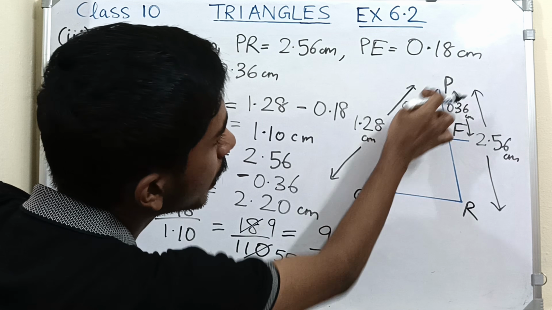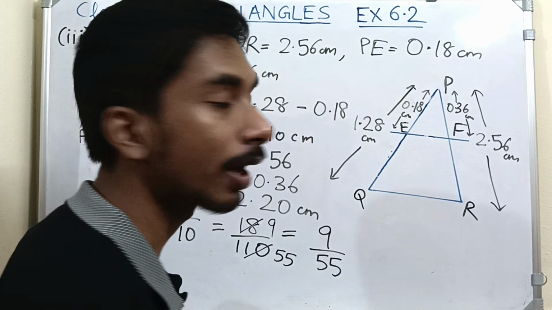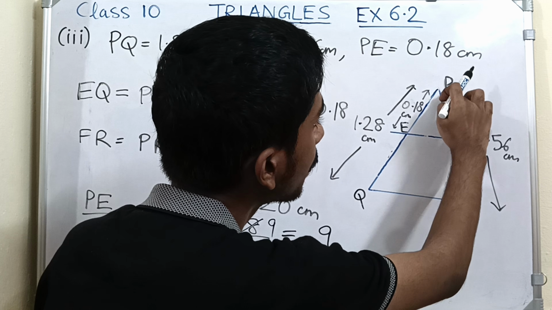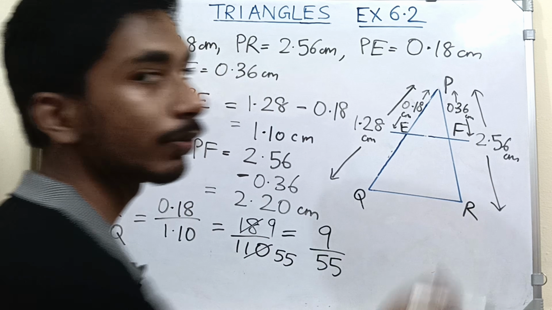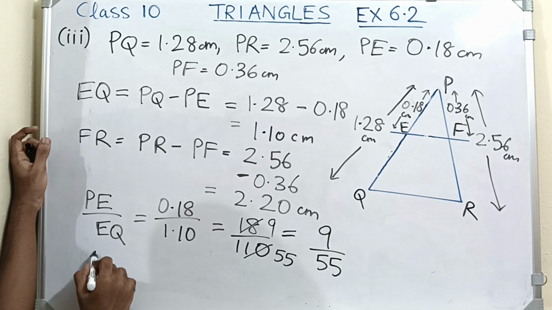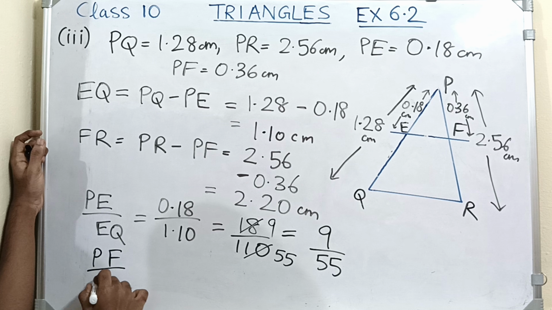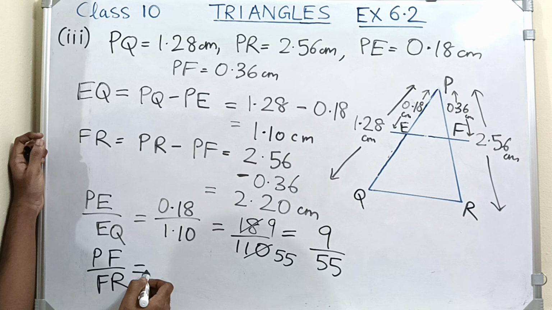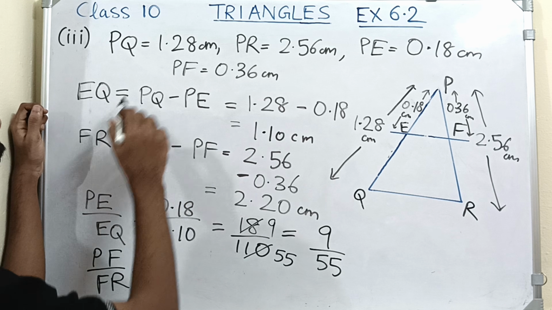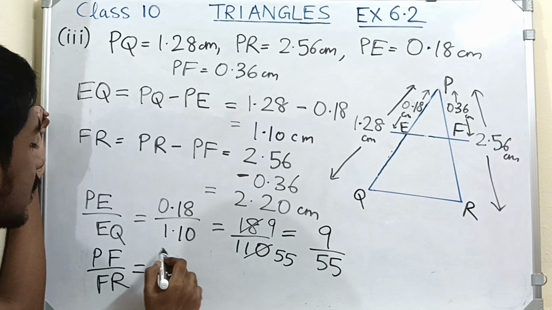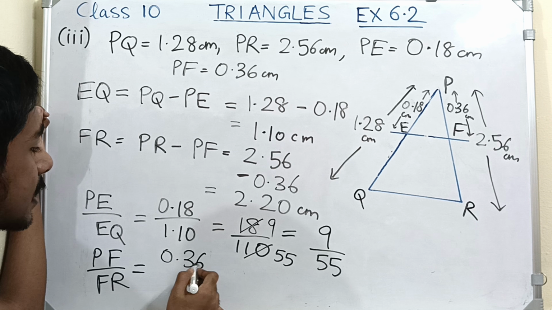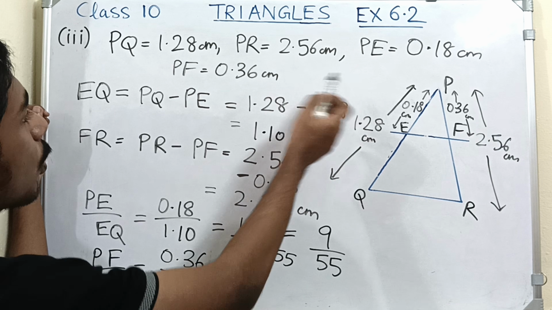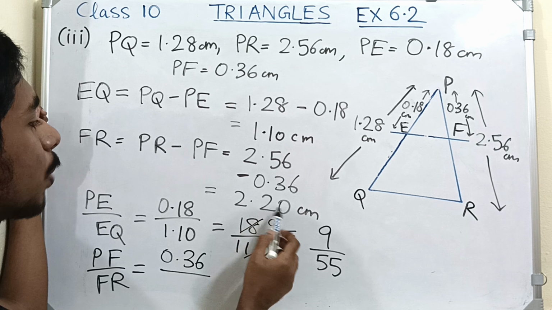Now we found the PE over EQ ratio. Now we have to find on the right hand side PF over FR. PF over FR is equal to PF, which is 0.36 centimeter, divided by FR, which is 2.20.